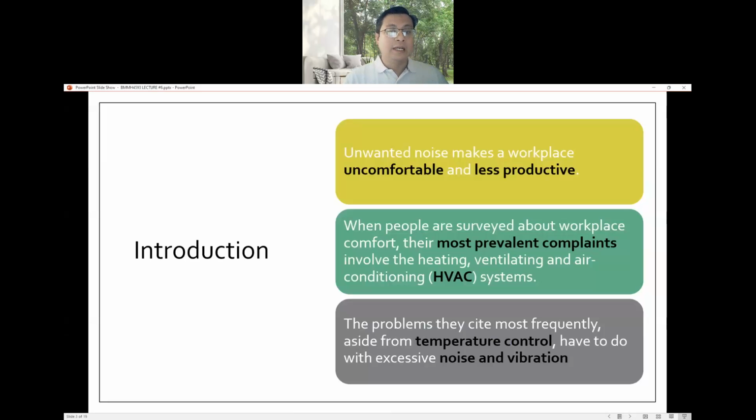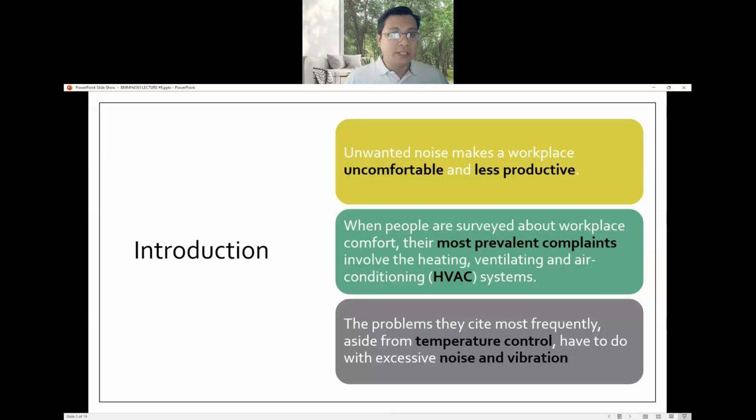Another thing from the uncomfortable consideration may not relate directly to a noise system, but to comfort in the air conditioning system.